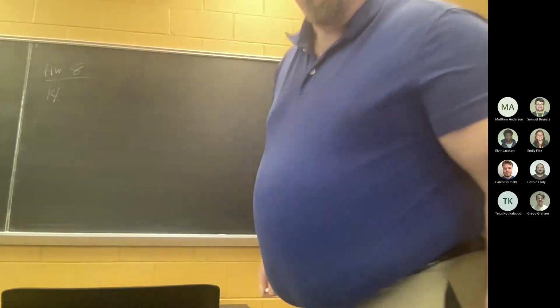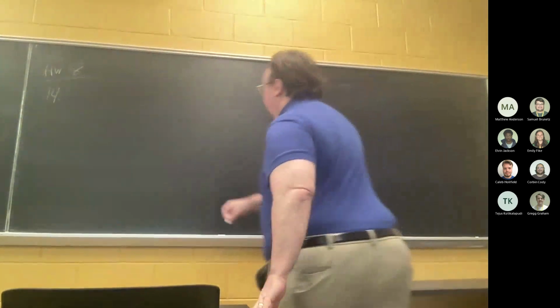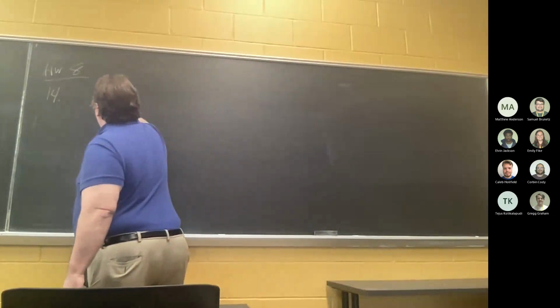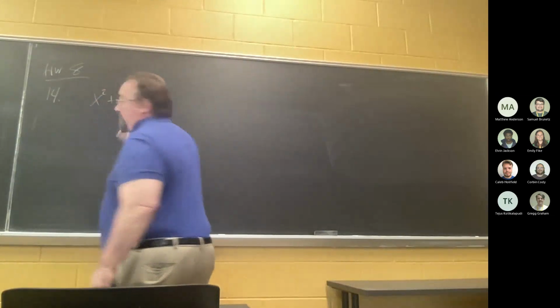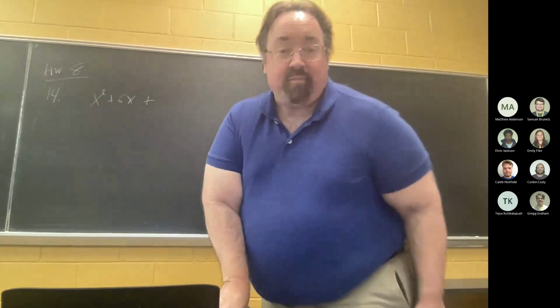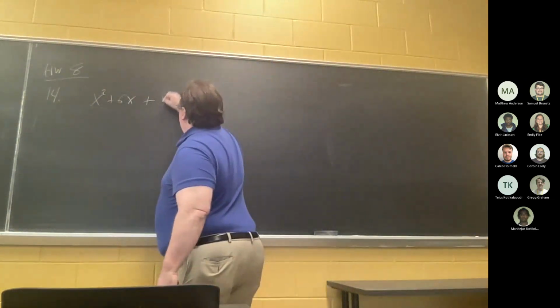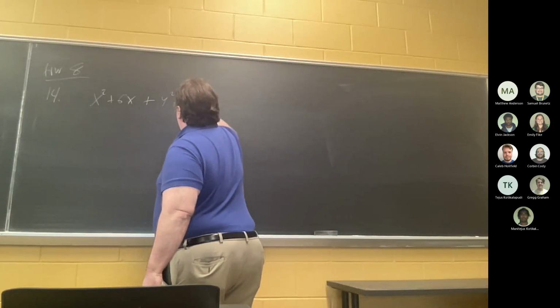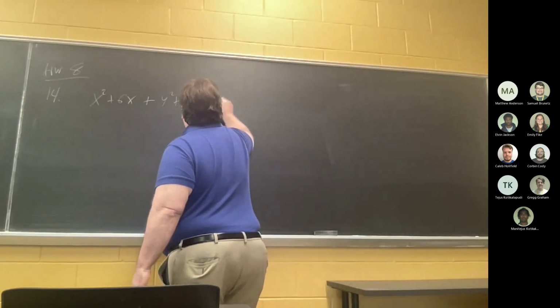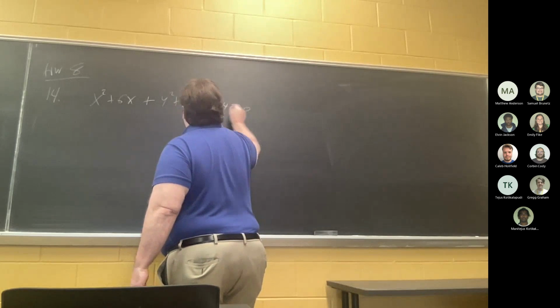So, take this equation: x squared plus 6x plus y squared plus 5y plus z squared plus 4z equals 0.